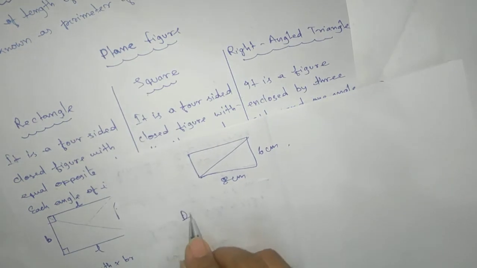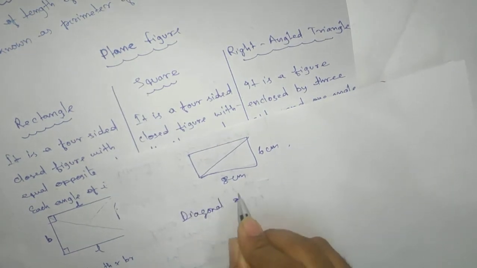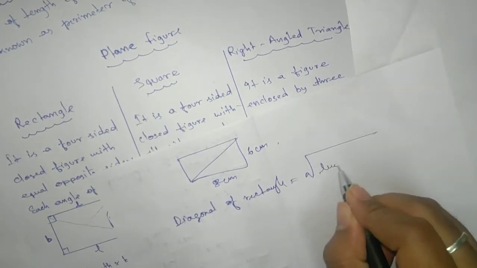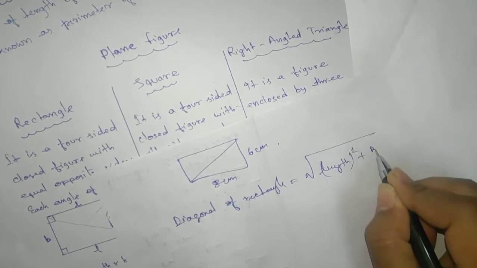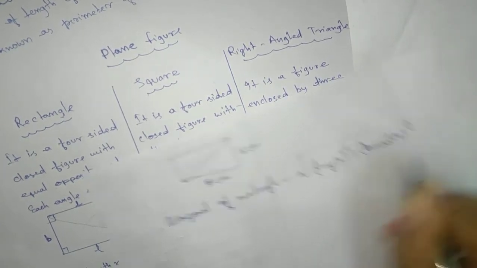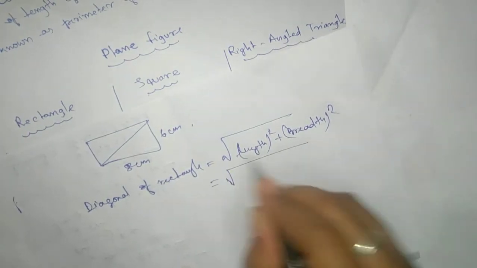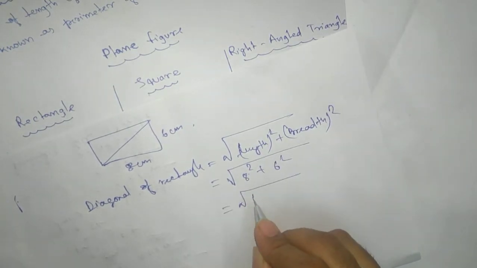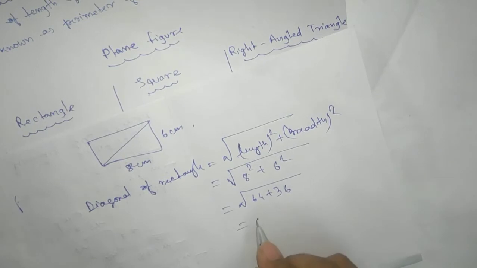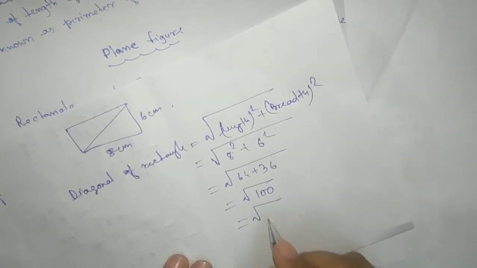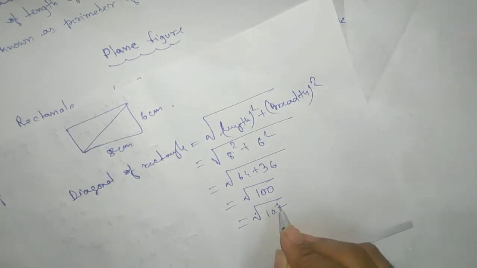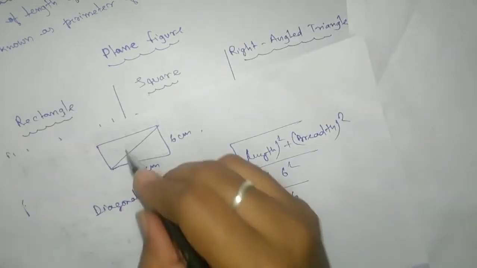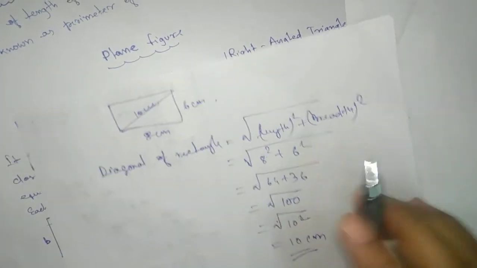So how are we going to find the diagonal of the rectangle? We write root over length square plus breadth square, that is root over 8 square plus 6 square. 8 eights are 64, 6 sixes are 36. We are getting 100. 100 means 10 square. So root and square cancel, and we get 10 centimeter. This is our diagonal for this particular problem. This way we need to find it.